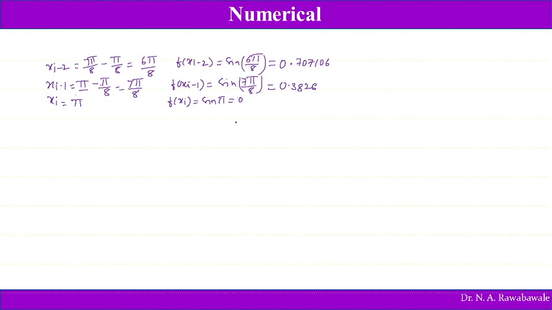So the backward divided difference formula we write here as f double dash of xi is equal to f of xi minus 2 f of xi minus 1 plus f of xi minus 2, divided by h square.